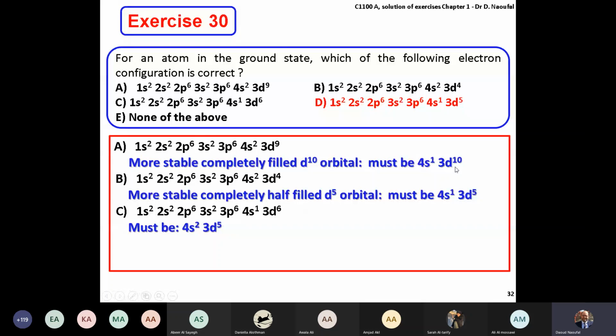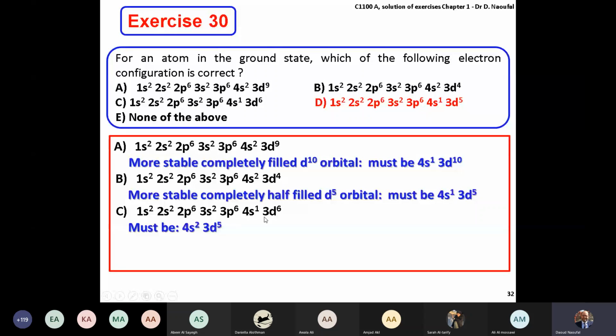So you obtain d10 and the s orbital vacant. So why in this example do we fill the 3d even though s has one vacant place? This is another rule: the rule of half filled and completely filled.